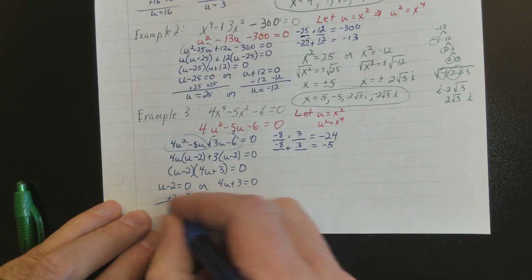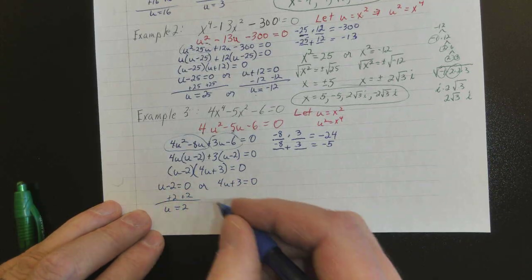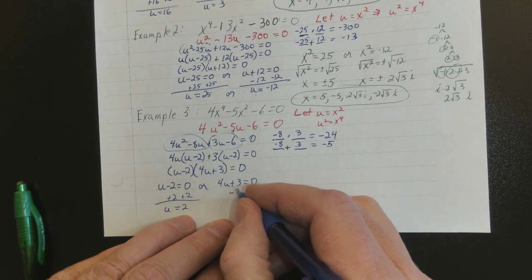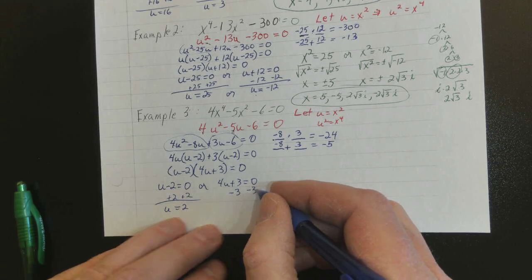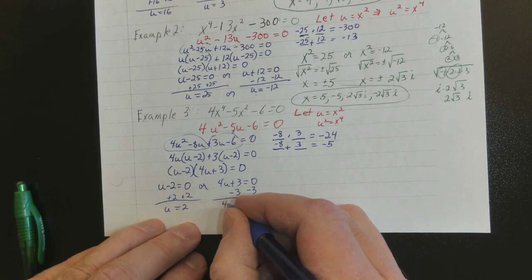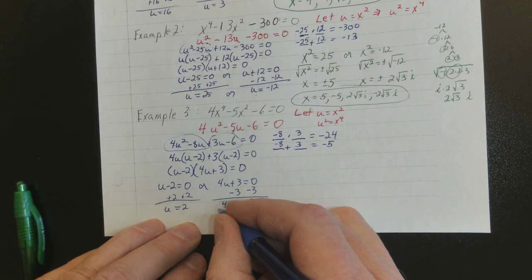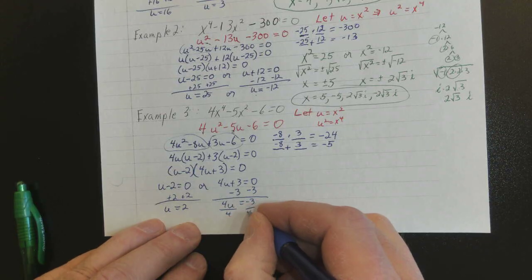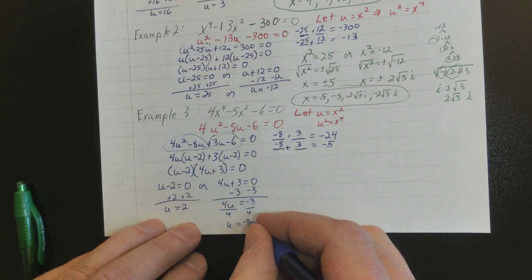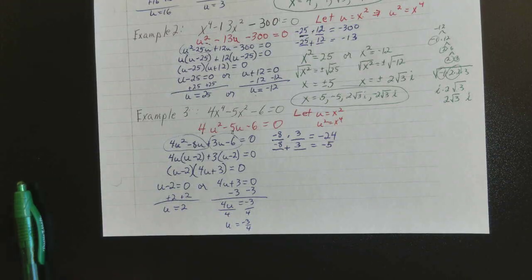I'm going to add 2 to both sides on this side and have u equals 2. I'm going to subtract 3, have 4u equals negative 3, and divide by 4, and I have u equals negative 3/4. Okay, that's u. We've solved for u.